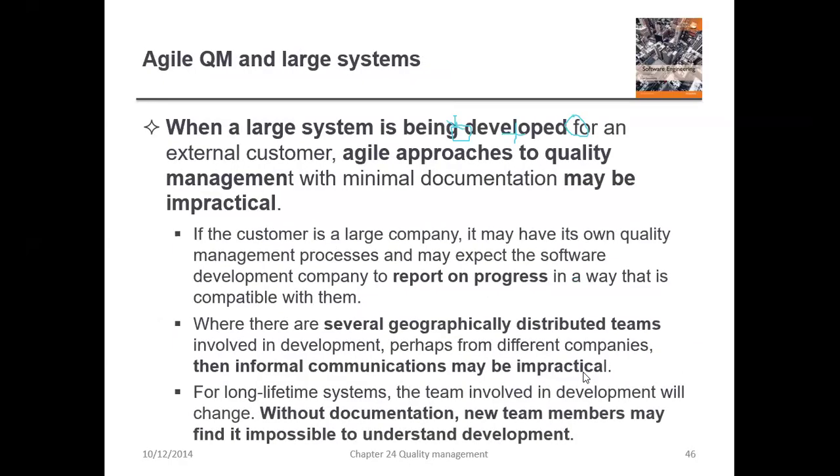So, agile quality management and large systems. What are the challenges when it comes to quality assurance in agile? For agile, we know that it's appropriate for developing smaller systems that do not require detailed documentation, systems that they can quickly develop and release. So they are very good at that.